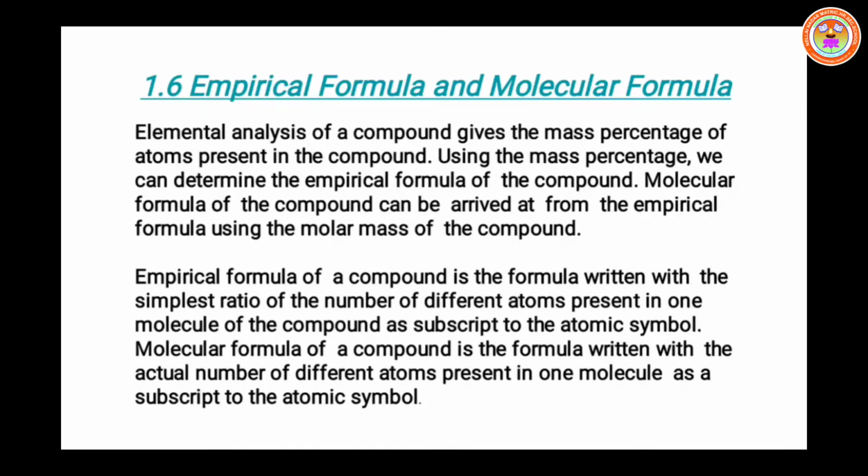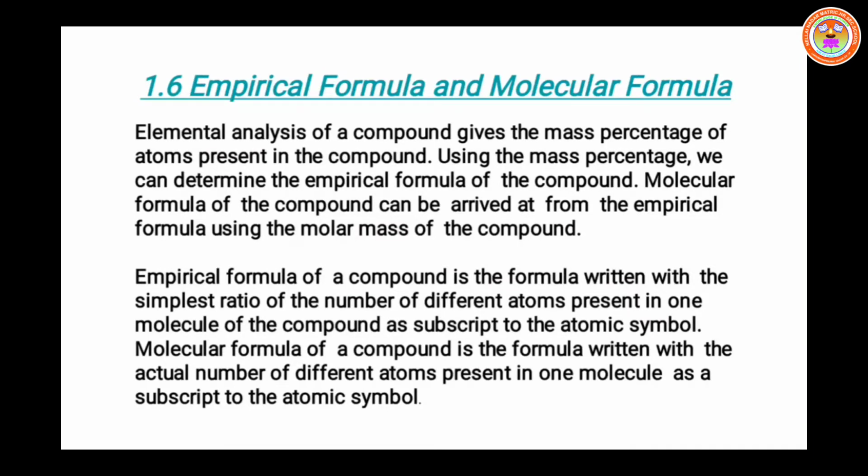Once we have known the various elements present in any compound, the next point of interest is to know how much of each element is present in the compound. Elemental analysis of a compound gives the mass percentage of atoms present in the compound.